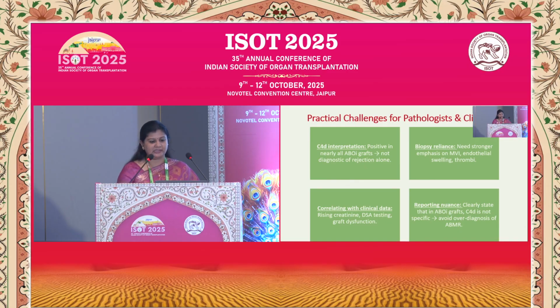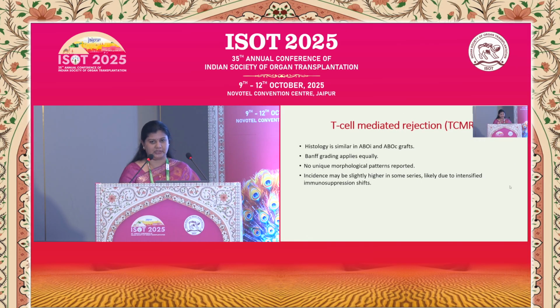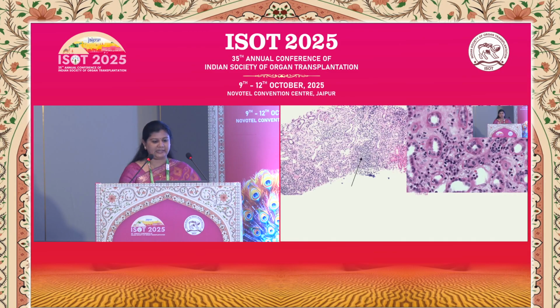So it is a practical challenge for all of us alike that C4D interpretation should not be done in isolation. We need to rely strongly on the histology and also on the clinical data so as to avoid overdiagnosis of ABMR and overtreating the patient. Fewer cases may also show T cell mediated rejection, but the histology is mainly similar to what we see in ABO compatible cases.